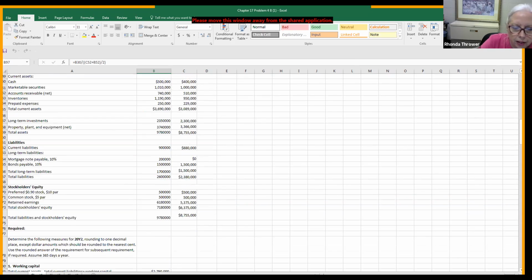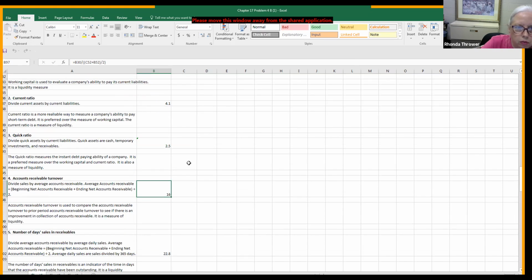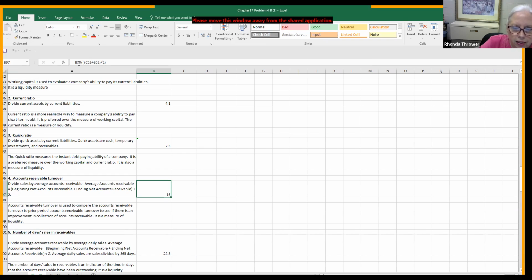So I'm going to scroll back down to our accounts receivable turnover. And you can see here that we've taken the beginning accounts receivable amount, which was found on cell address C52. We've added the ending accounts receivable amount from B52 and divided it by 2 first. Find the average of the accounts receivable first, and then divide that into the sales.